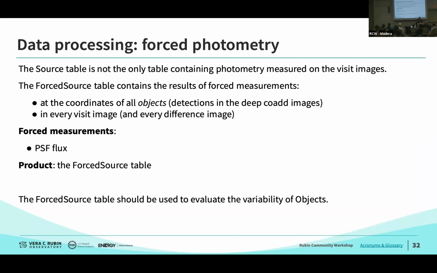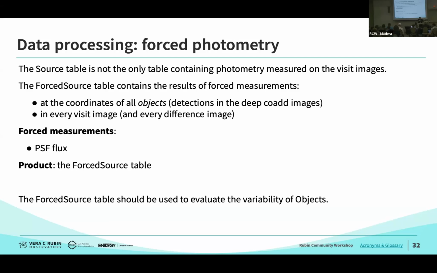Now, this is where it gets maybe a bit confusing. We detect sources in individual images, right? And then we stack the images and we get a deep coadd. So there's forced photometry in the deep coadds at the locations of all those sources that were detected. But if something was, for example, not detected in an individual image, but was detected in the deep coadd, since this allows us to go deeper, we also go back to the individual visit images and do photometry at that location.